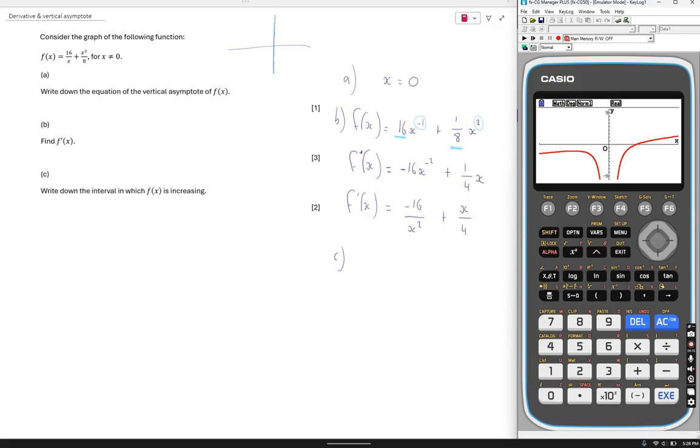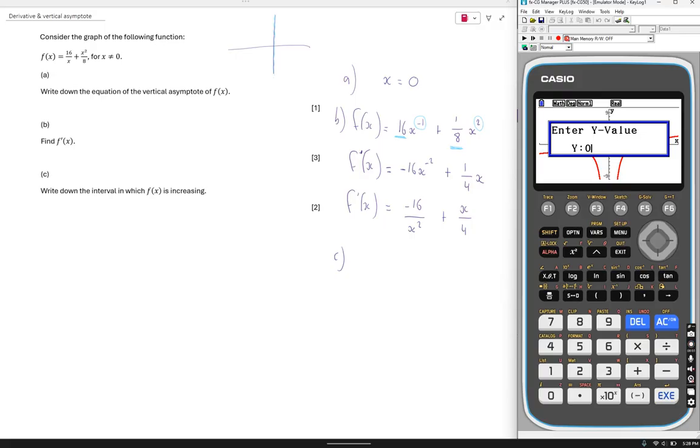Okay, and that's basically all we need for this. So the derivative, if we remember, tells us the gradient of the original function. So if the derivative is positive, that means that if it's in the positive y value, the original function is increasing. So that is what we want to try and figure out. How we do this, we press G-solve, you go to the next page, we want an x calculation, and we want y to be 0.